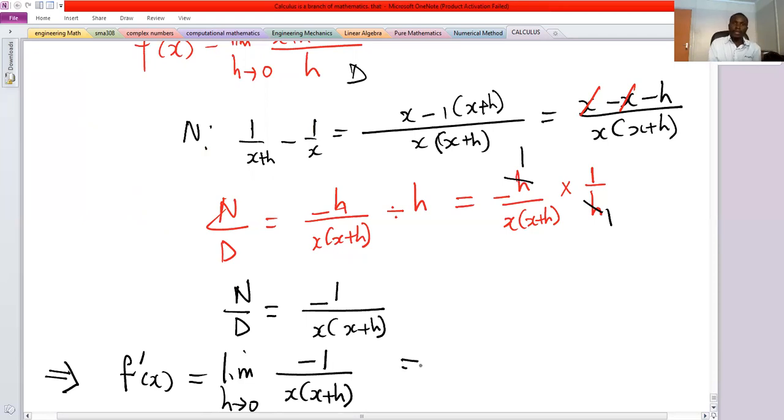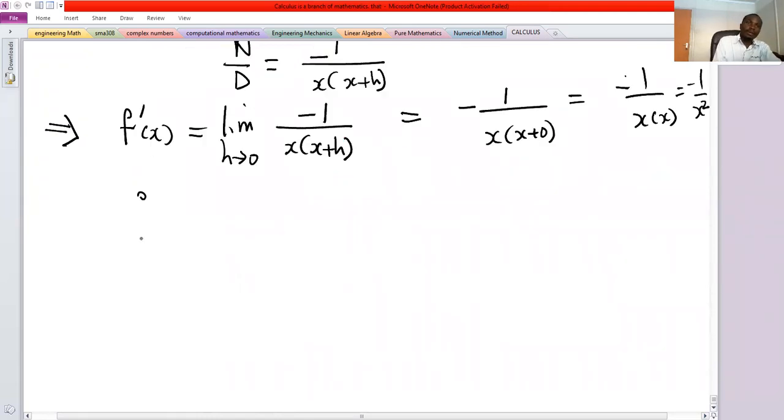Now you do direct substitution, so you'll have negative 1 over x into x plus 0. So this would be negative 1 over x times x. Now this is negative 1 over x squared.